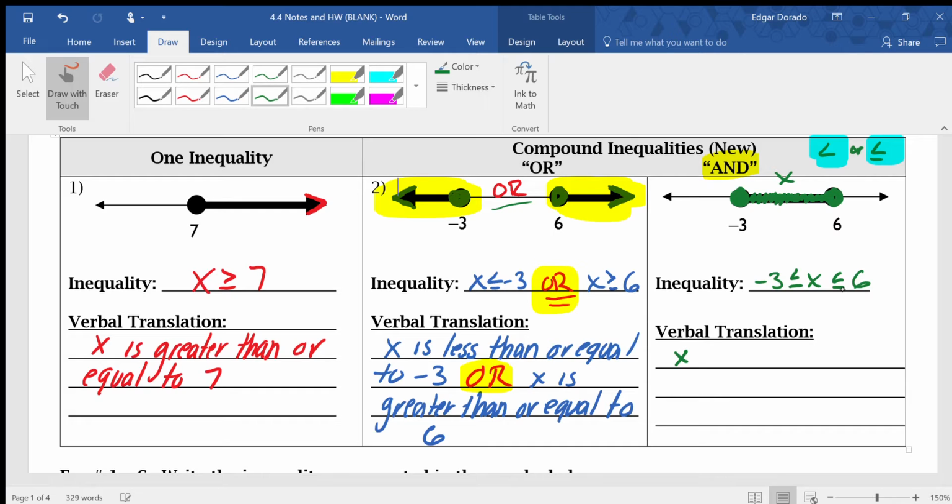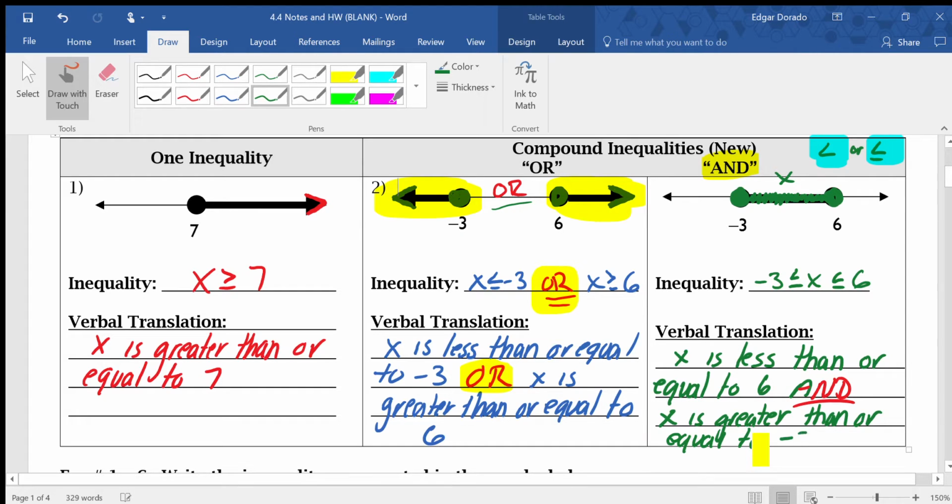We say that x is less than or equal to six, and x is greater than or equal to -3.